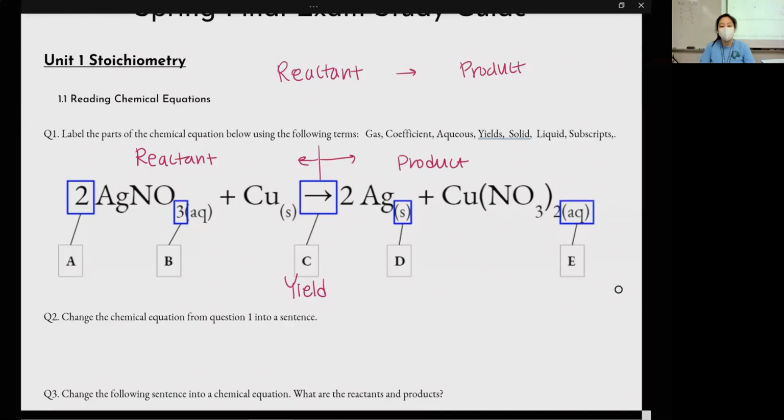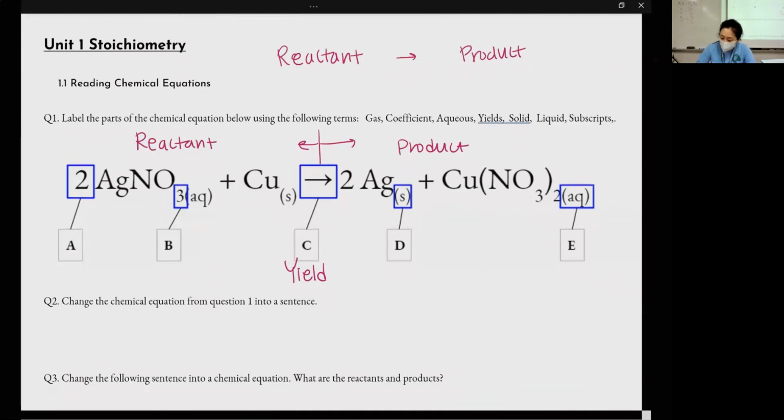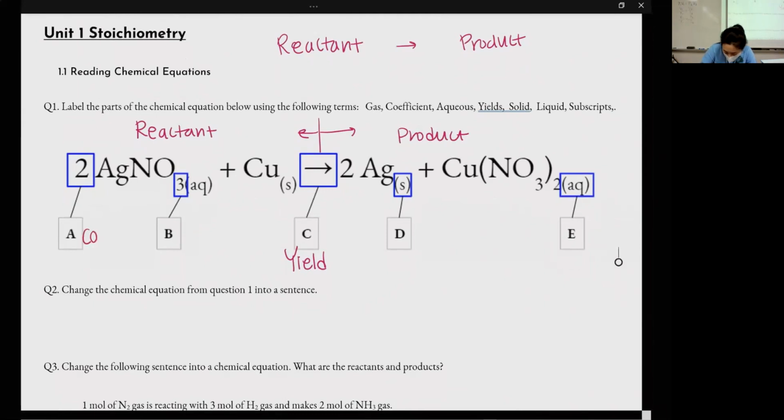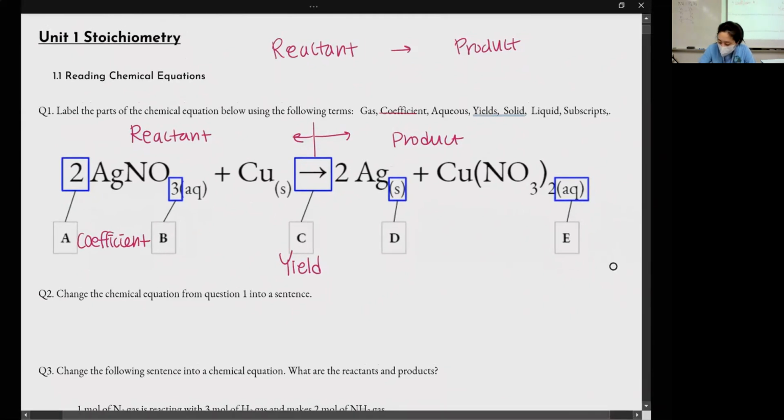Okay. Now we're going to label A, B, C, D, and E. My A is a number in front of the chemical formula, which we call a coefficient. The number behind each atom is called a subscript, the small number.